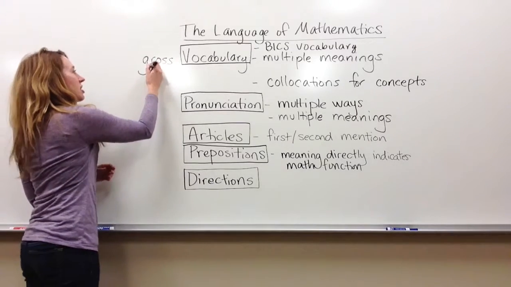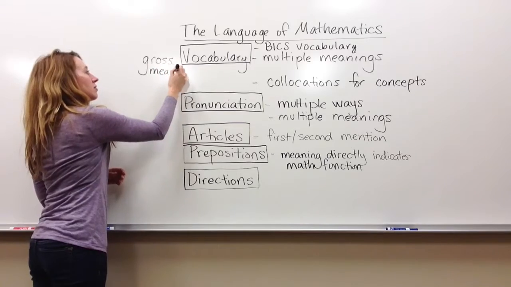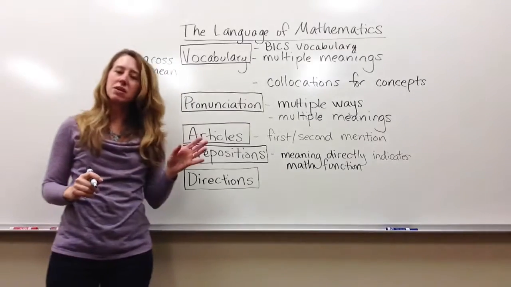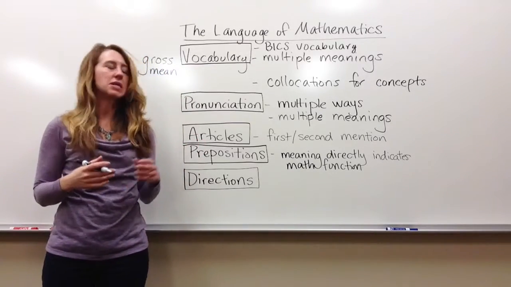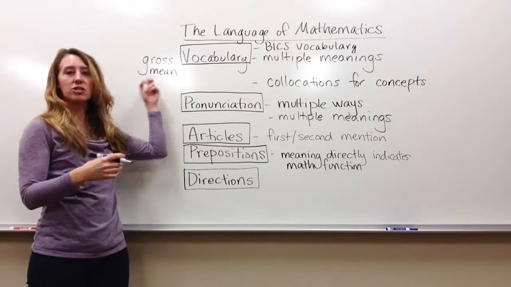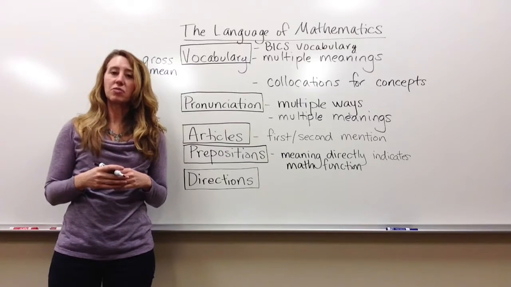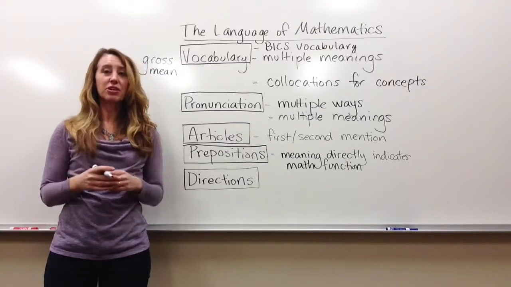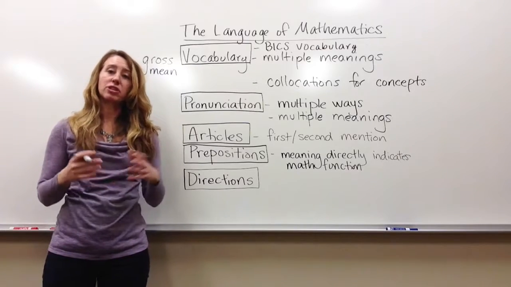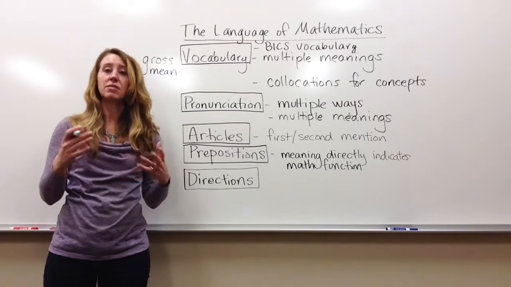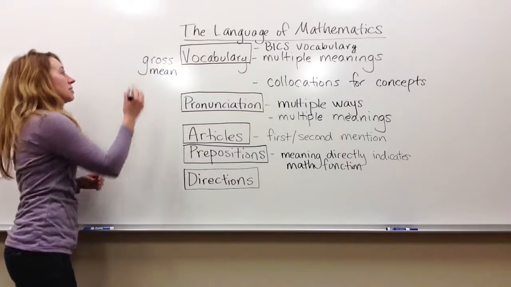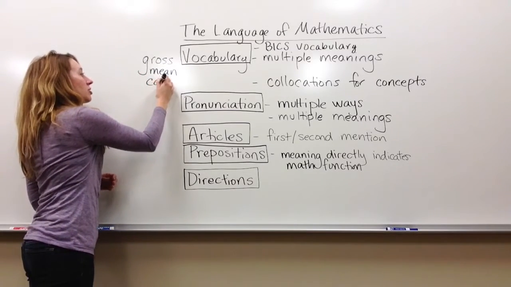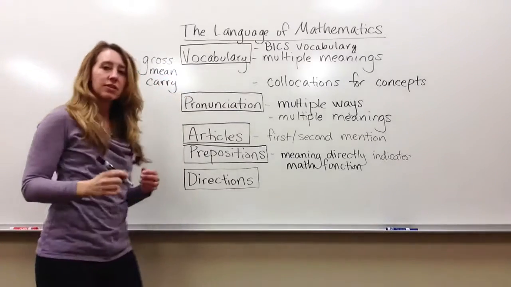What are some other examples? Mean, right? He's mean, she's mean, he's being mean. And so, of course, in the language of math, that's something very different. It comes up for them when they're looking at the average, the median, the mean of numbers. And another word, to carry.